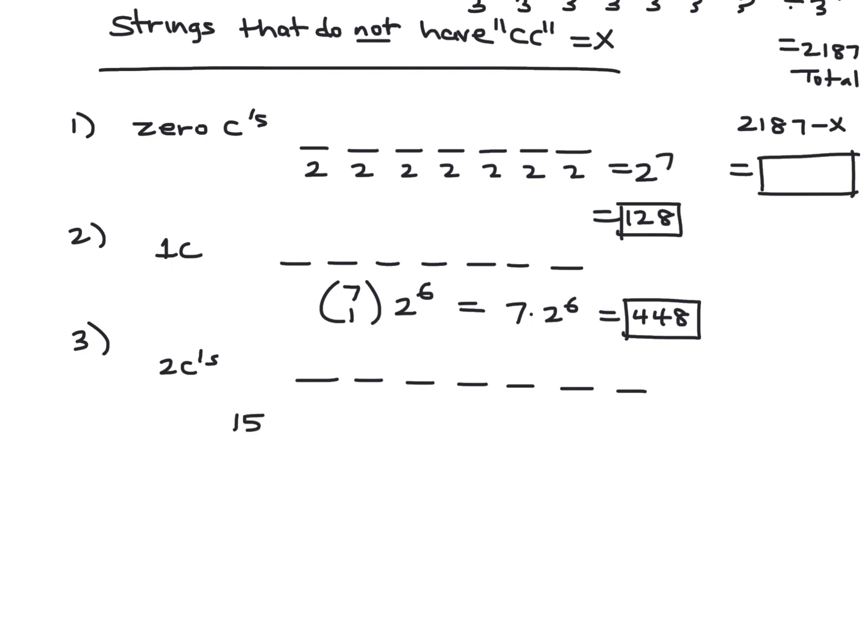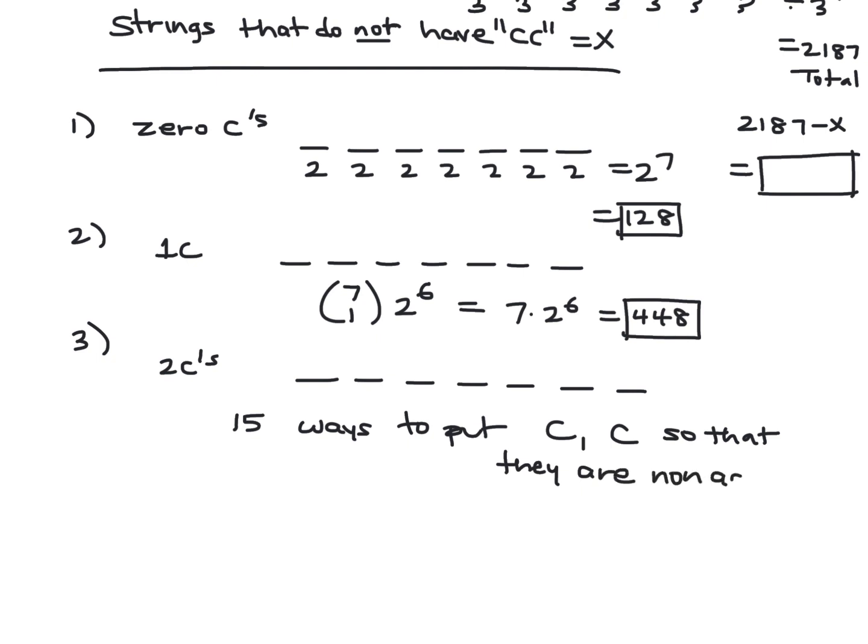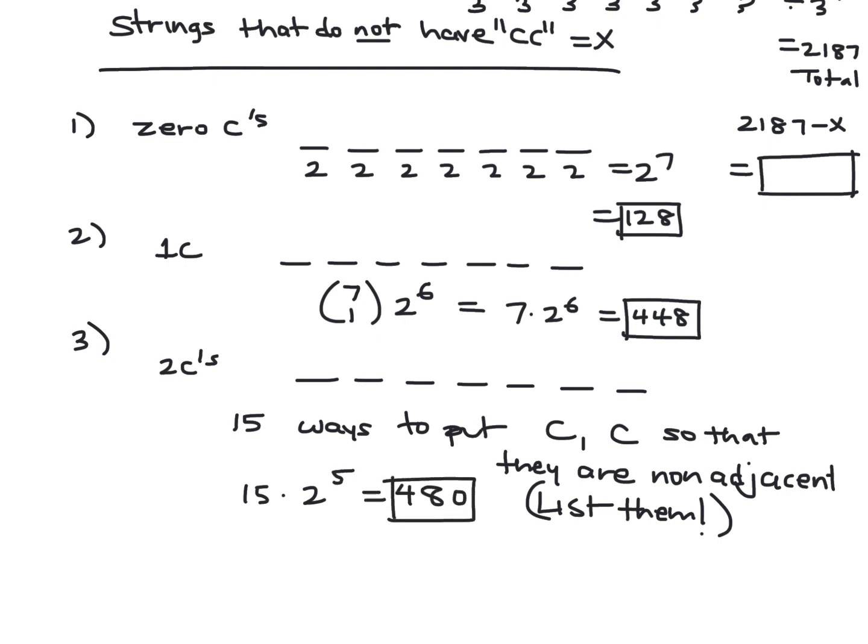And there's 15 ways to put the 2 C's so that they are non-adjacent, meaning they're not side by side. And I will tell you to list them. That's your homework, not mine. And then the remaining 5 would just have 2 possibilities each. So that will be 2 to the power of 5 times 15, and that's 480.